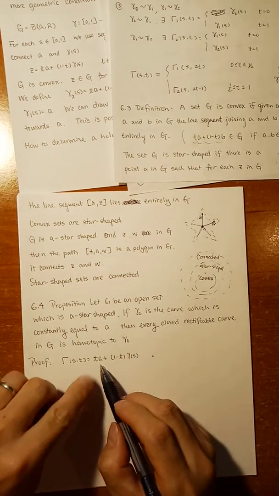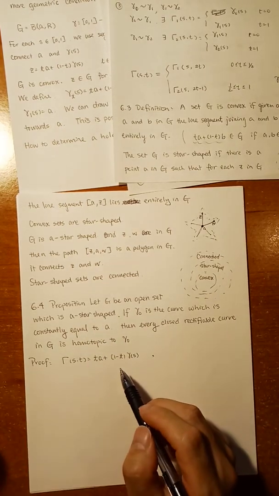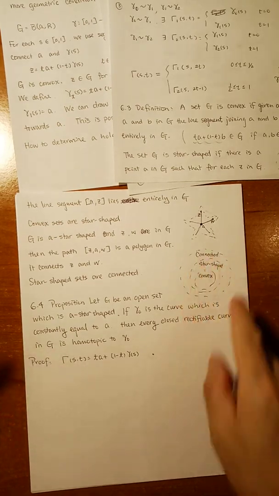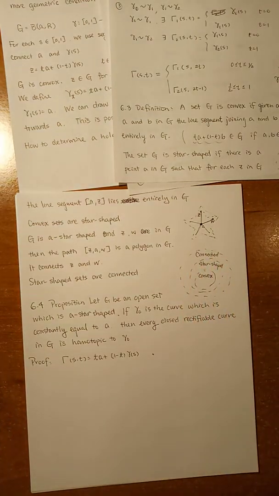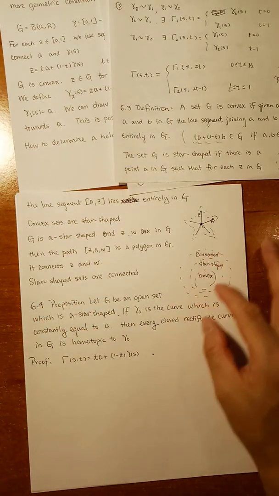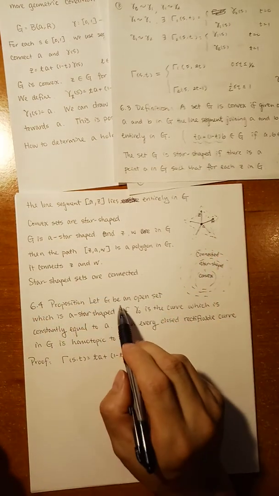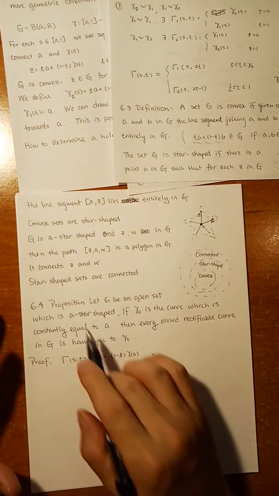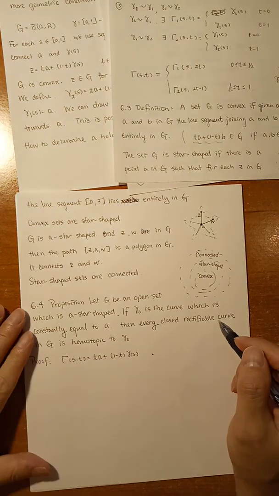So you can connect gamma s to A. So that's the usage of A star shaped. And remember, convex set is a special subset. Convex category is a special subcategory of A star shaped. So if you replace this G by a convex set, this is still correct. You actually prove a more general case.